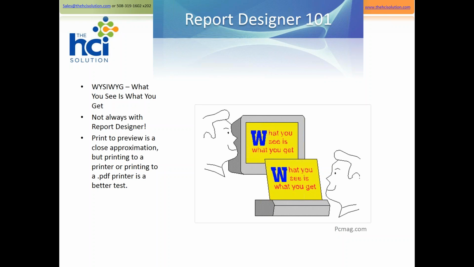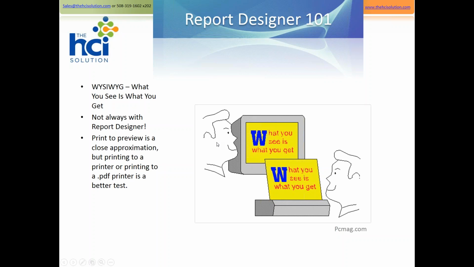But I've found that it can sometimes be a little bit flaky, and there are other ways to output the report. If you're working on a report and you don't want to waste a bunch of paper, you can print the report to a PDF printer, and that gives you a pretty good approximation, a little bit better than document manager.